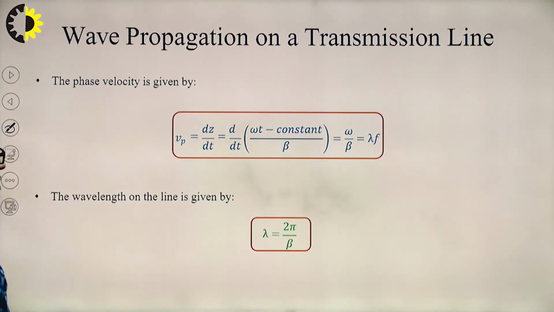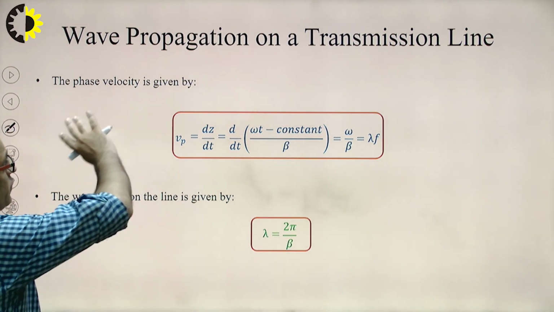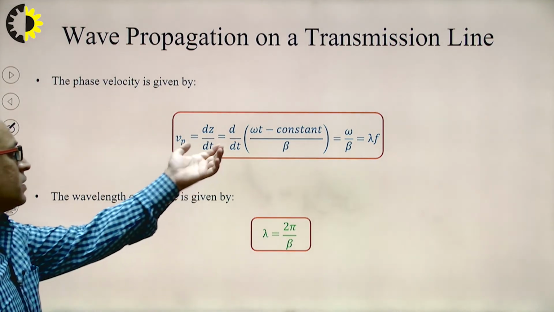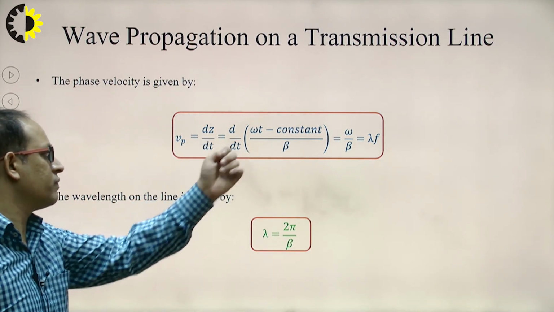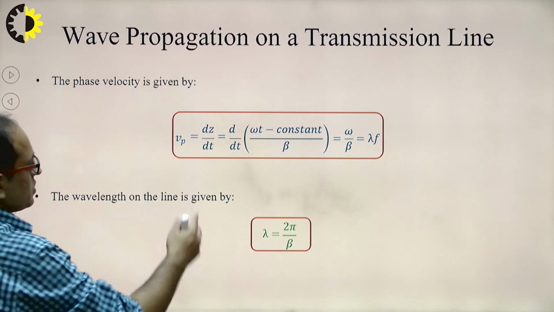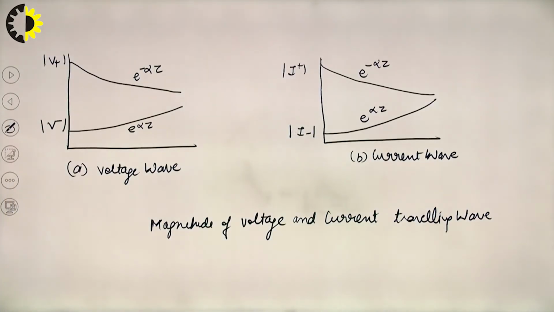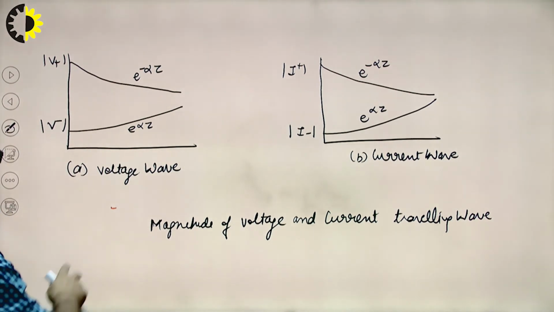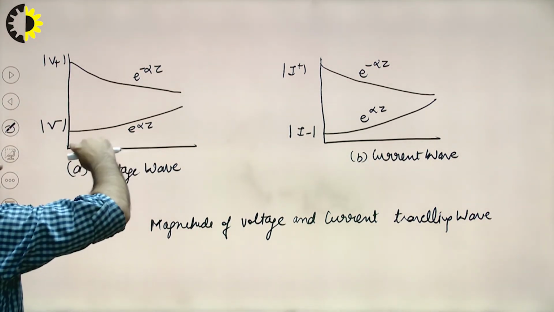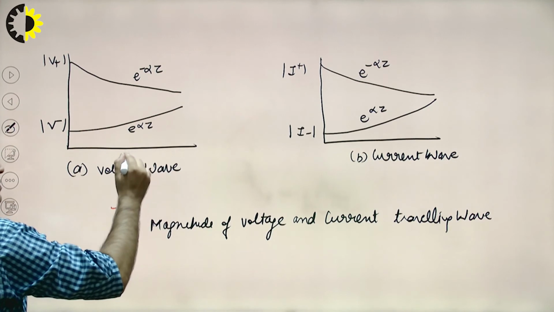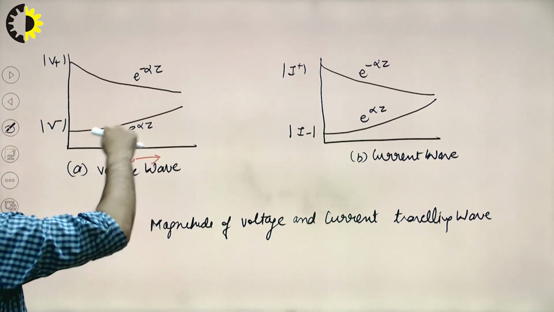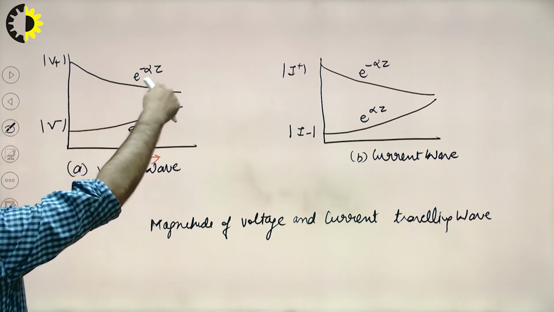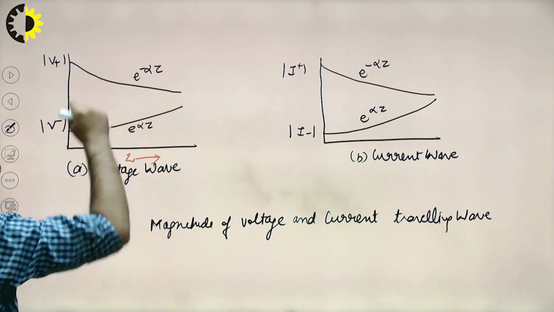Now see, similarly, phase velocity is equal to what? dz by dt. Put the value of z, that is omega t minus constant, and you will get this. Now from this graph, as we know, the graph of e to the alpha z increases as z increases, and e to the minus alpha z decreases as z increases.